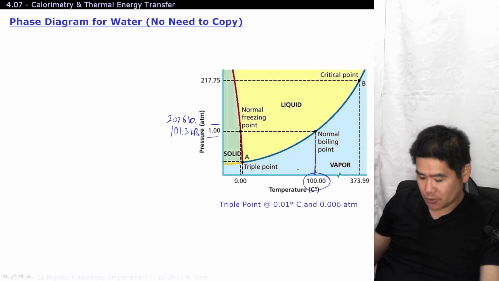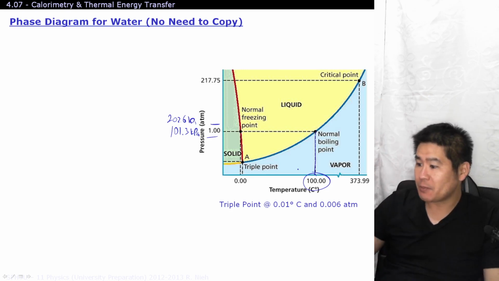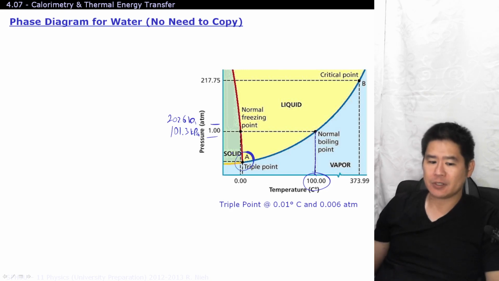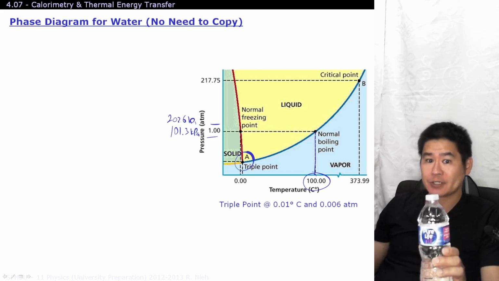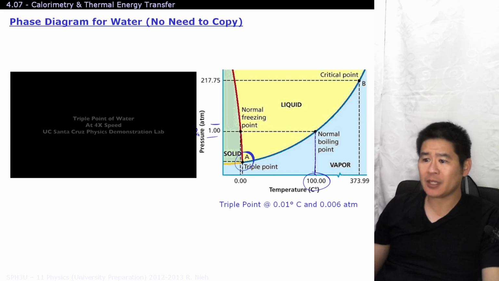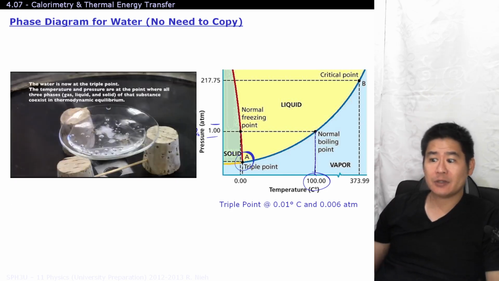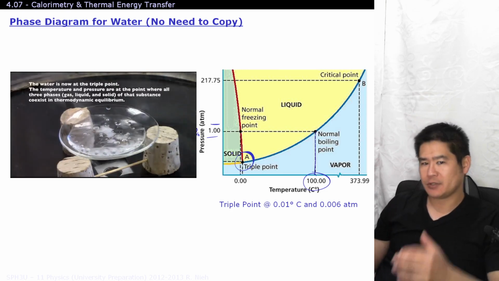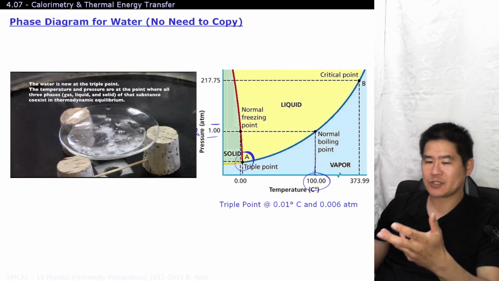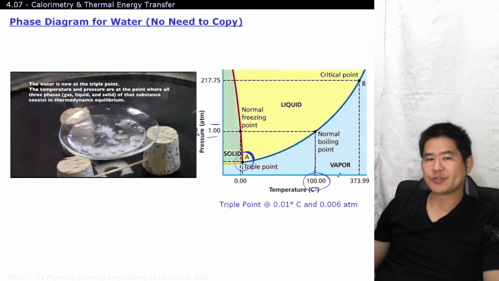In fact, there's an interesting temperature and pressure that exists where you can't tell the difference between this being water, ice, or water vapor. I hope the video plays. Here it goes. All right, and if you watch this for long enough, you'll see bubbles, you'll see a sheet of ice forming, and obviously below the sheet of ice, the water is still there.